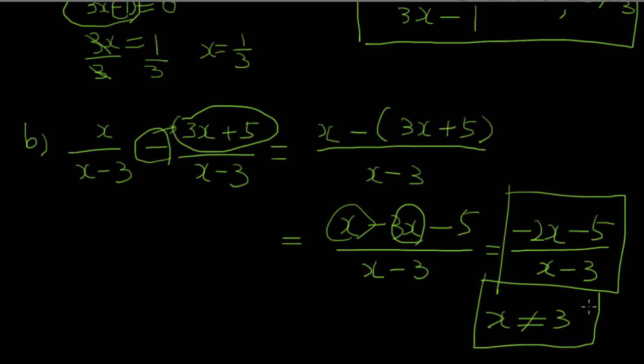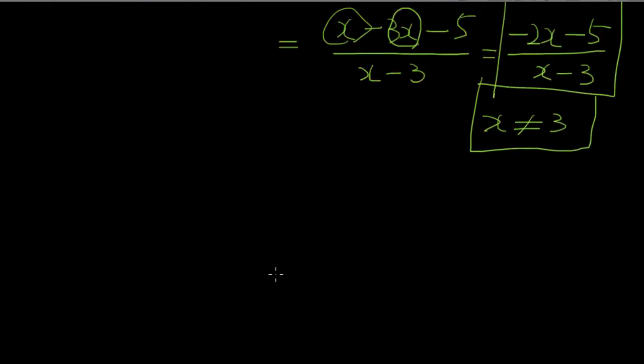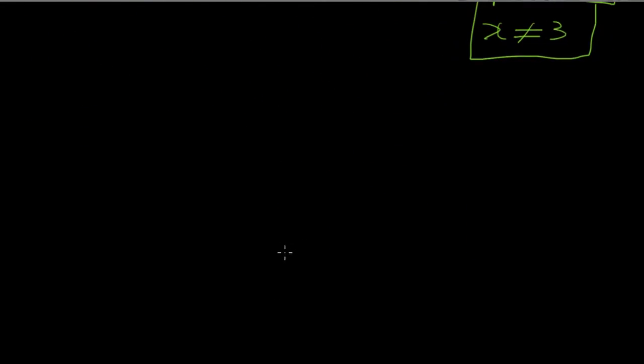So if the denominators are already in the same form, then you don't really have to worry too much. Just simply combine that together, right? Now this is similar, yet slightly different. So let's try this.